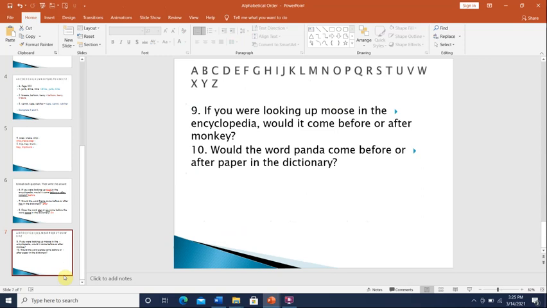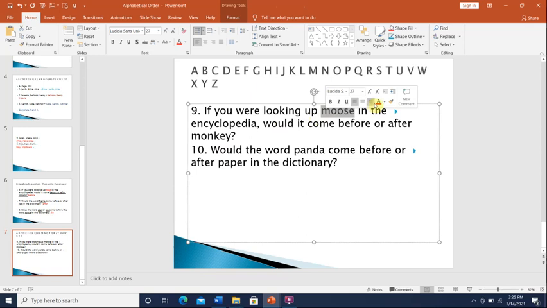For number 9, it says if you were looking up moose in the encyclopedia, would it come before or after monkey? Moose and monkey both begin with M-O. So the third letter here is O, and the third letter in monkey is N. Which comes first, the O or the N?